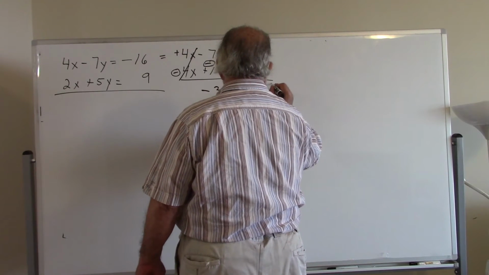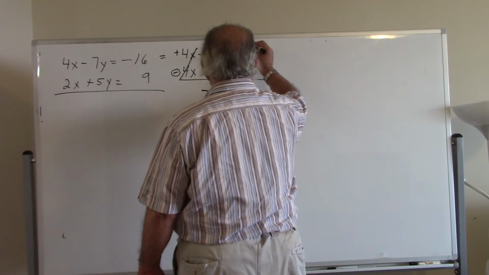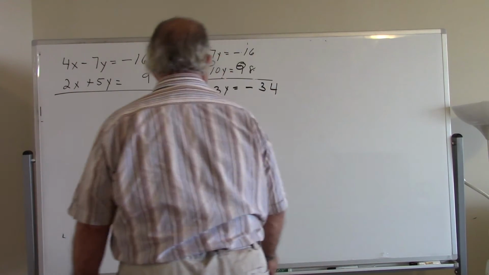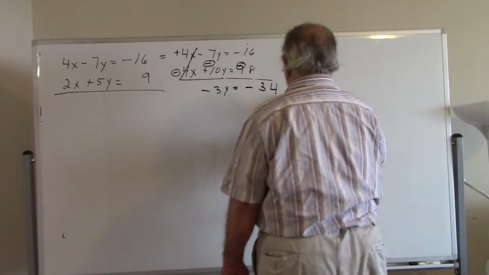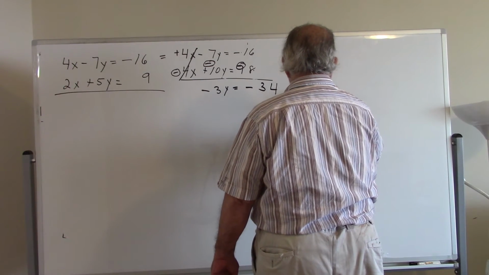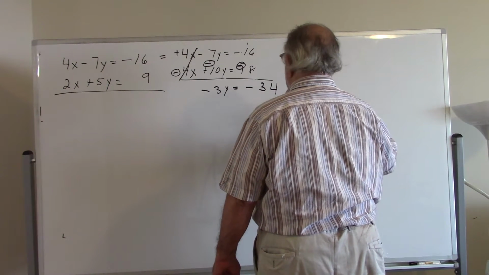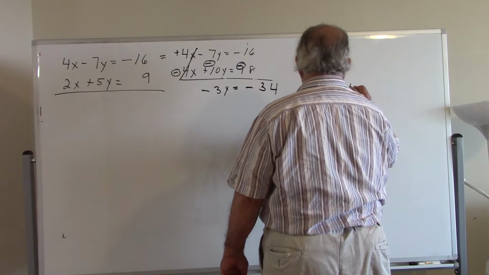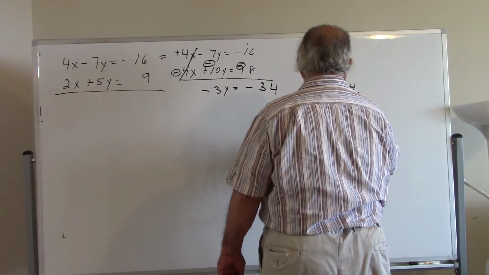6 and 8 is 14, carry 1, 34. So now we have a minus y, divided by 34 into 3.